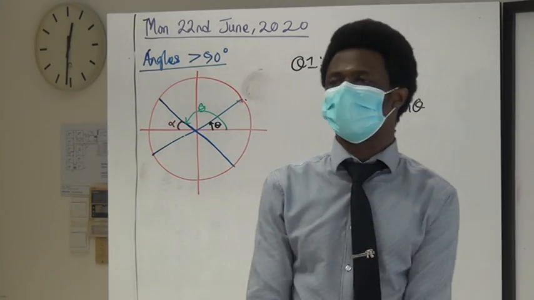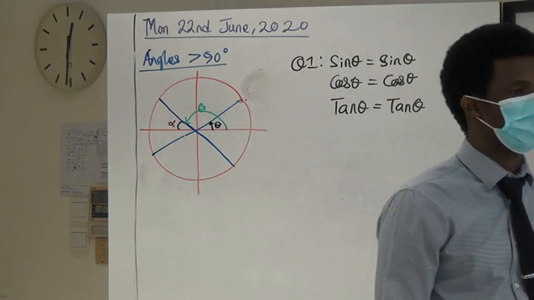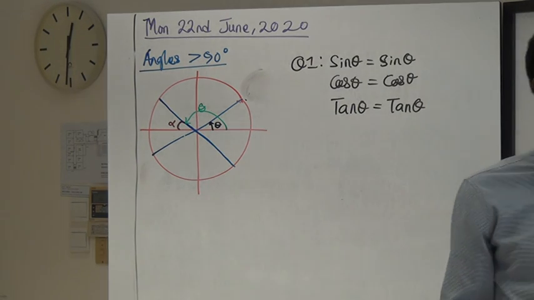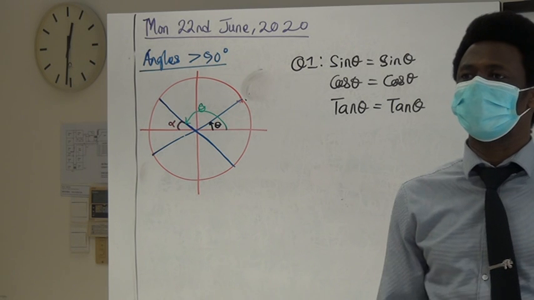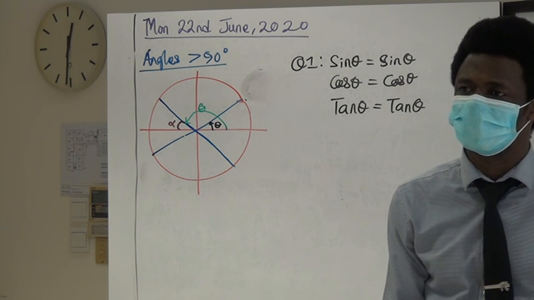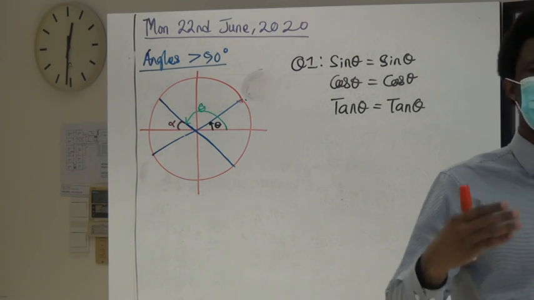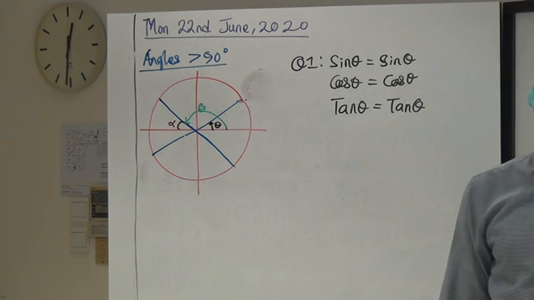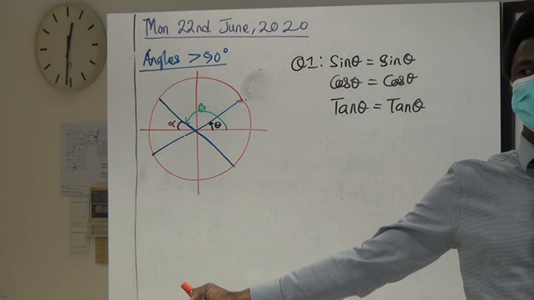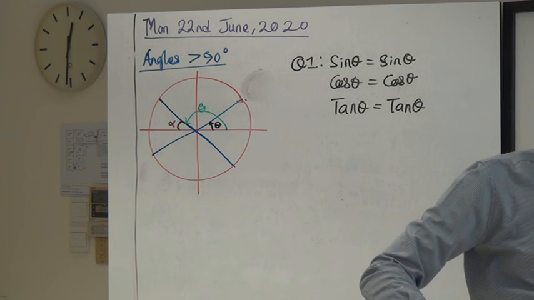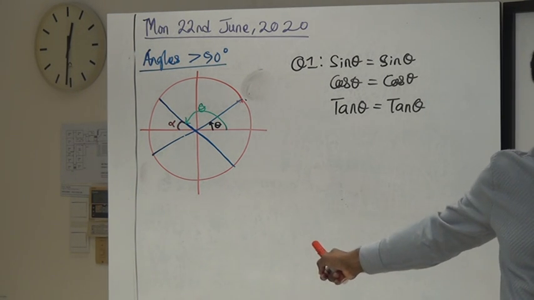You know about sine 30, sine 45, sine 60 in exact forms, so you don't have a problem with trig ratios of acute angles. But that's not what you are given. What you are given is cos 135 degrees. That's not an acute angle. How do you convert it back to the acute form? That's what we are trying to do.